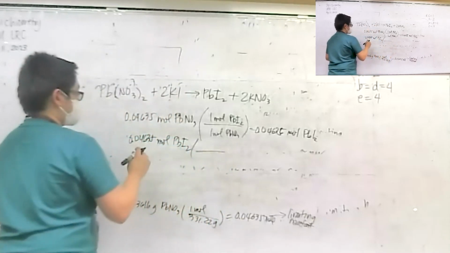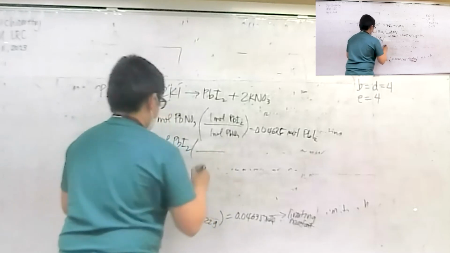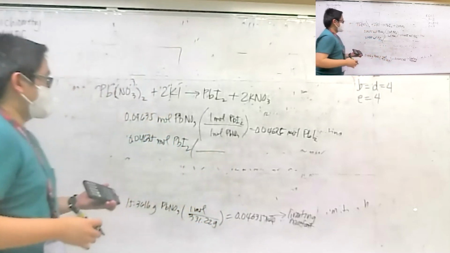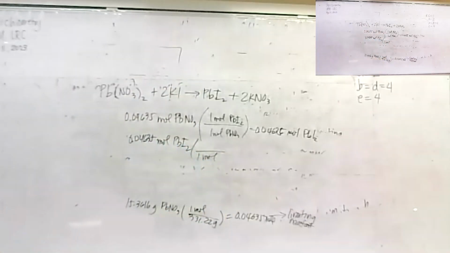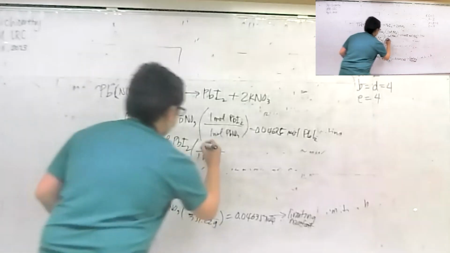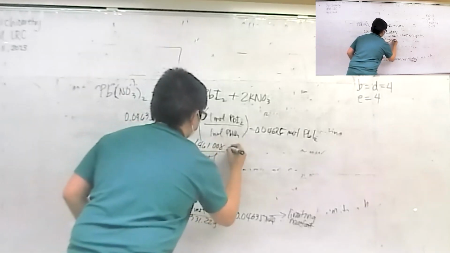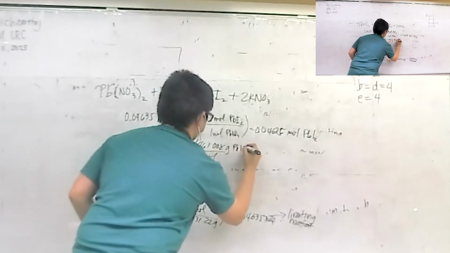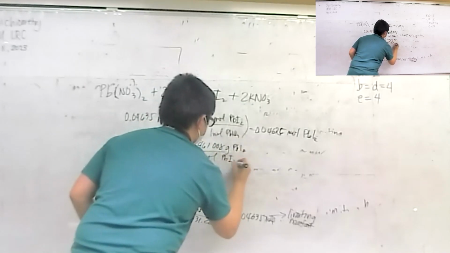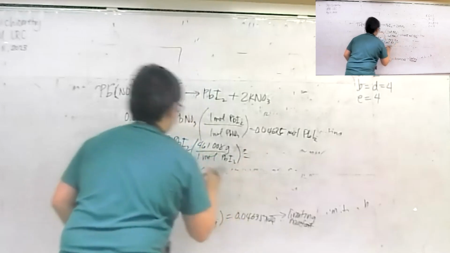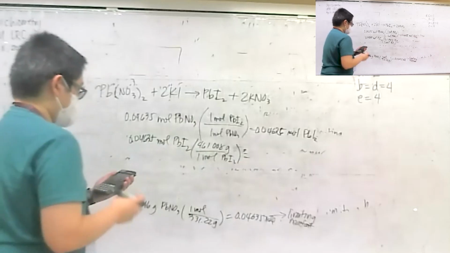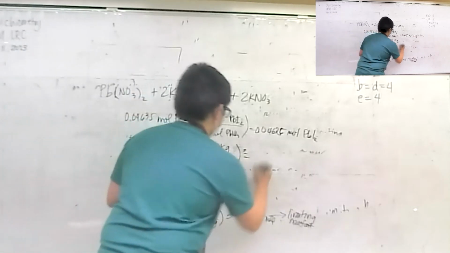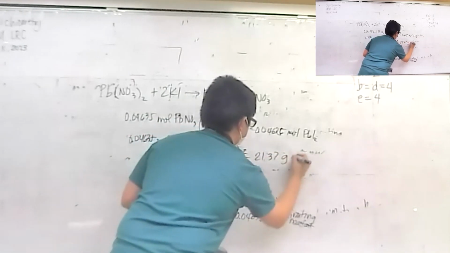So 0.04635 moles of PbI2 times 461.008 grams of PbI2 per mole, and that is just equal to 21.37 grams PbI2.